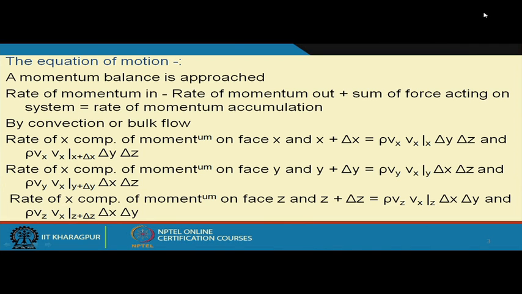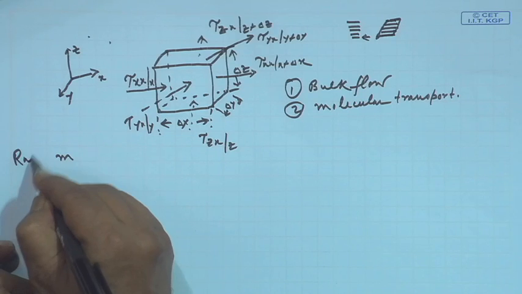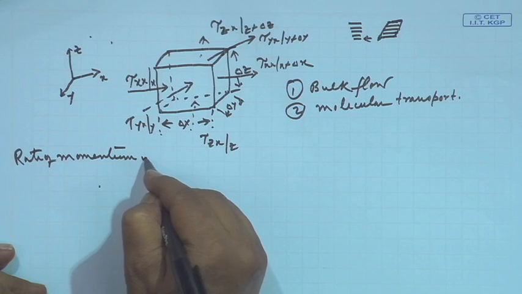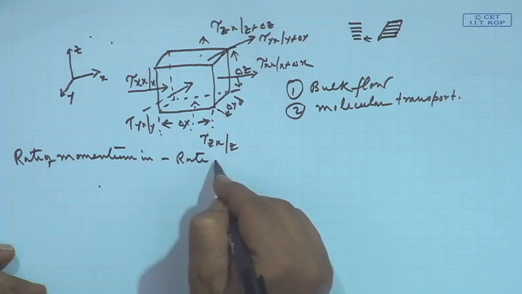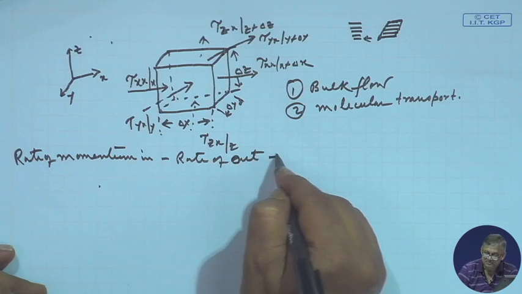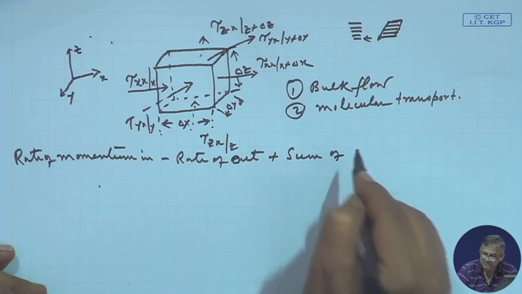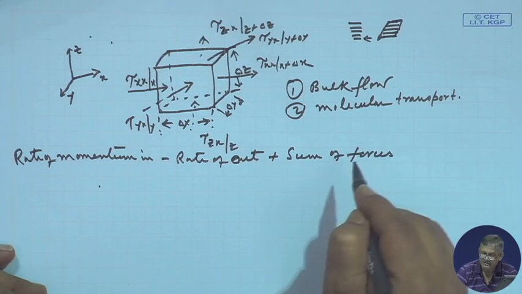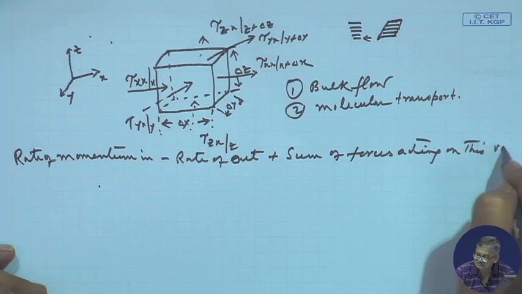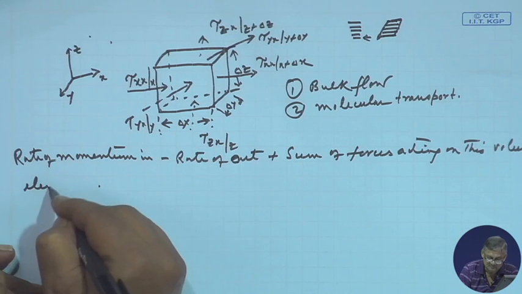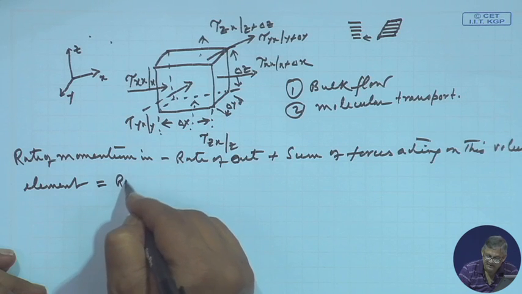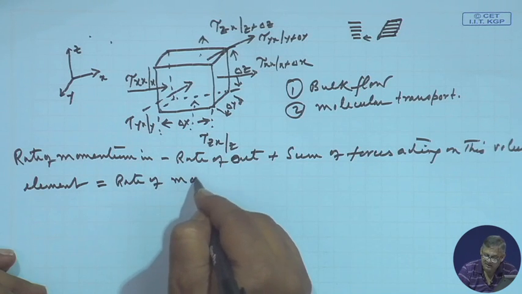So in that case we can say that the rate of momentum in minus rate of momentum out plus the sum of all the forces acting on this volume element must be equal to the rate of momentum accumulation.